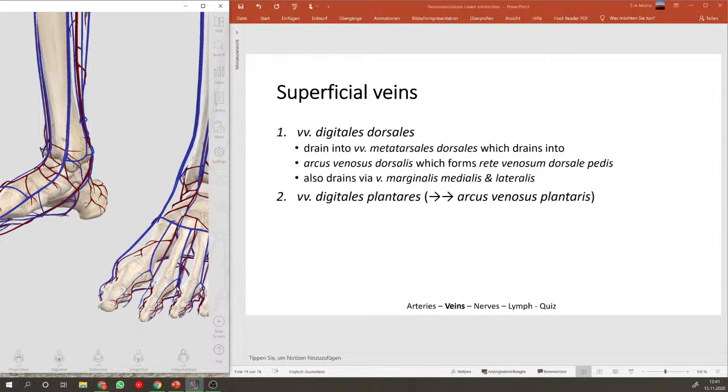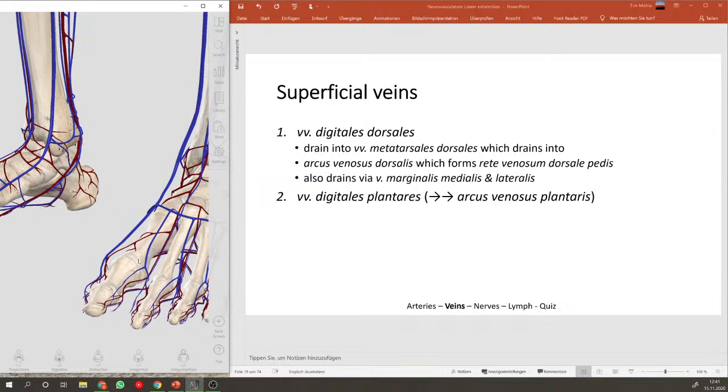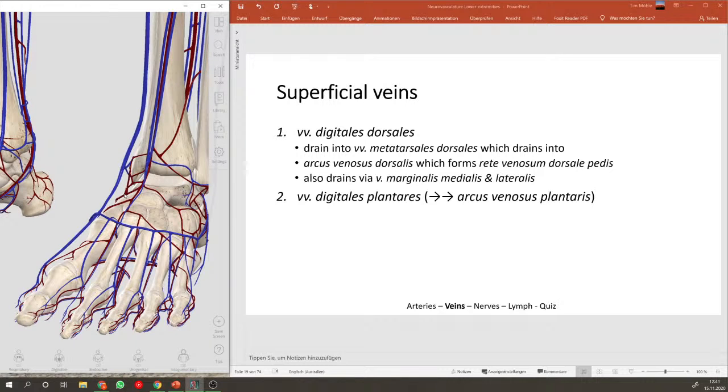They will confluent to vena metatarsalis dorsalis. So these ones here, collecting vessels, which will then form rete venosum dorsale pedis. So the venous network of the dorsum of the foot, and it is actually the analog of rete venosum dorsale manus. You remember it maybe from last week.